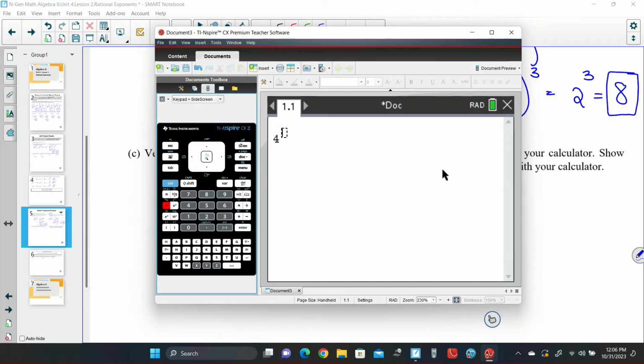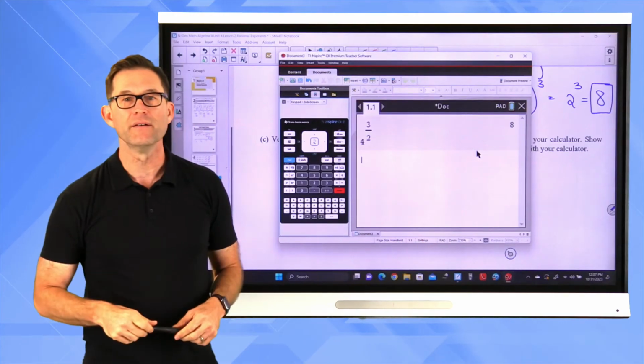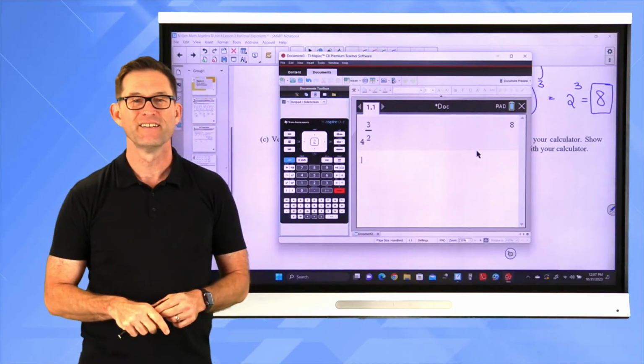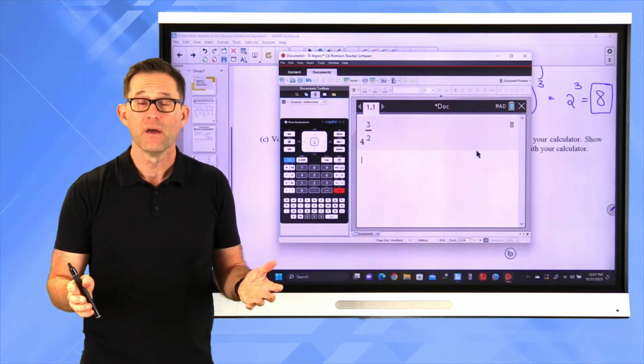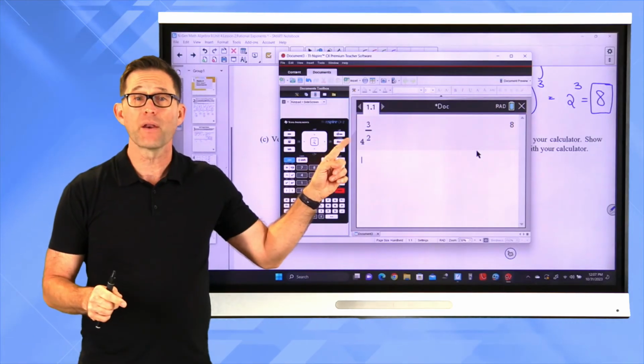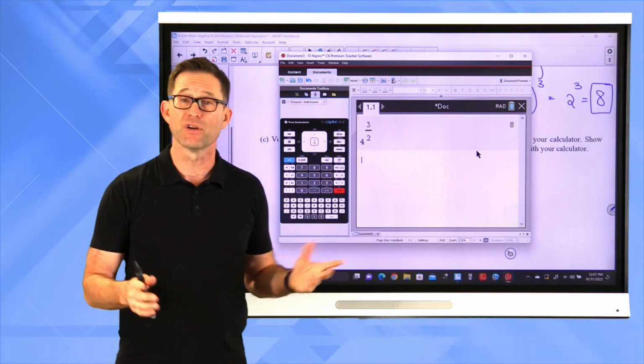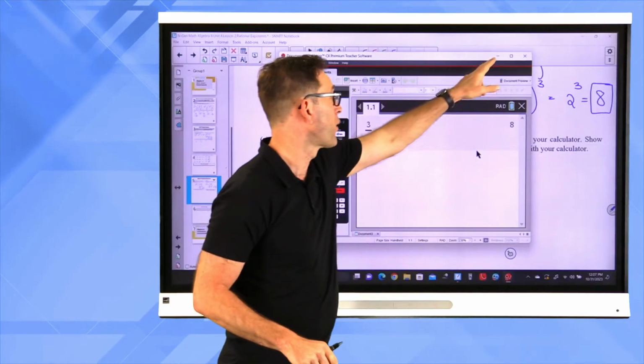I had 4 raised to the 3/2. And remember, we got 8. Okay? So again, fractional exponents are actually kind of easy, right? The denominator represents a root, and the numerator just represents your garden variety power.